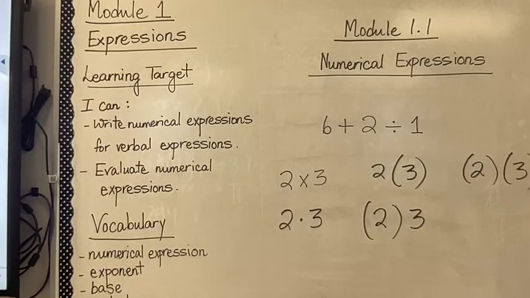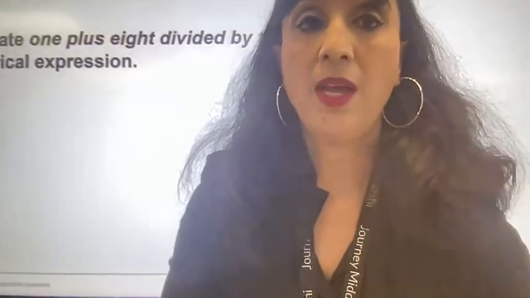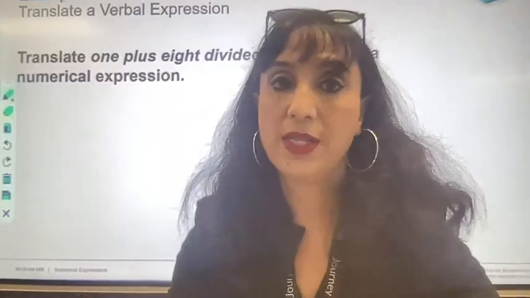All right, so these are all the different ways that I can represent the product of 2 and 3. But these are all numerical expressions. So now what we're going to do is we are going to translate a verbal expression. So here we go. You can see the board.